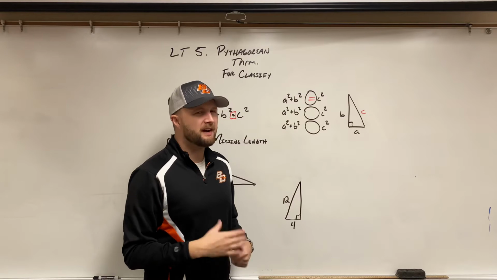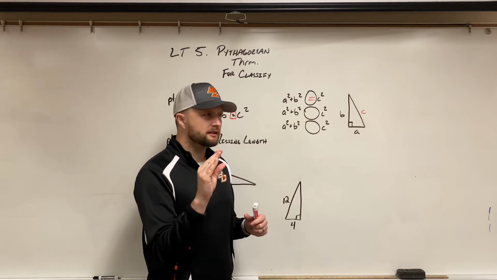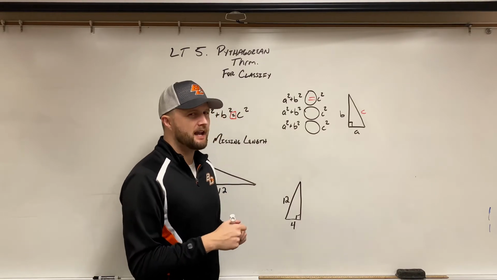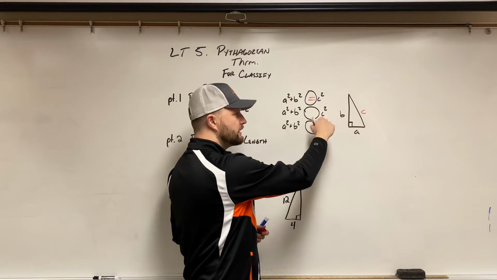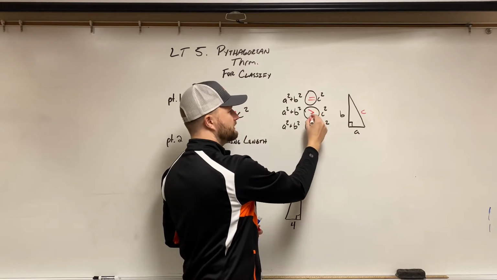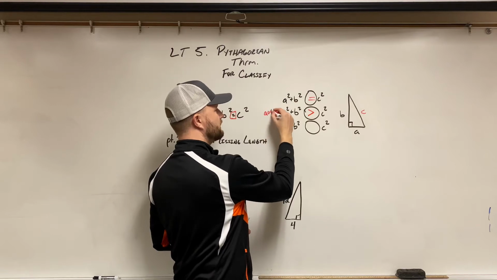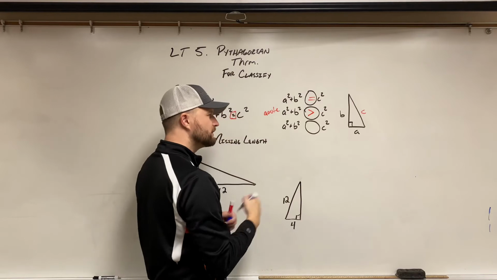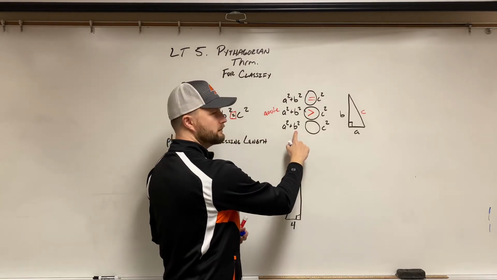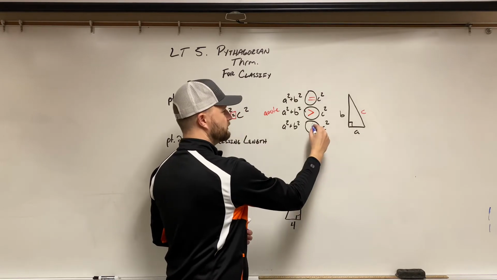What you would find is that if it was an acute triangle, the c squared part would be smaller, so the a squared plus b squared part would be bigger. Or if it was obtuse, what if you did the a squared and the b squared, but the c squared was larger, so the mouth would go towards the c squared?